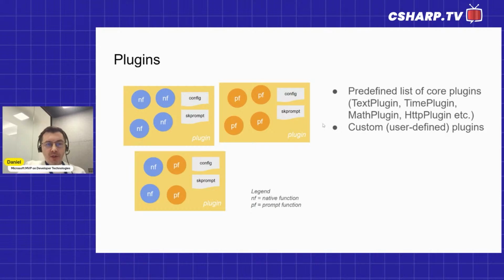Let me show you a diagram. We have different plugins, and we can mix them together and solve some use cases. We are going to keep these plugins in our kernel. Kernel is a concept of Semantic Kernel, which is the glue where we put together plugins and connectors and some other settings.